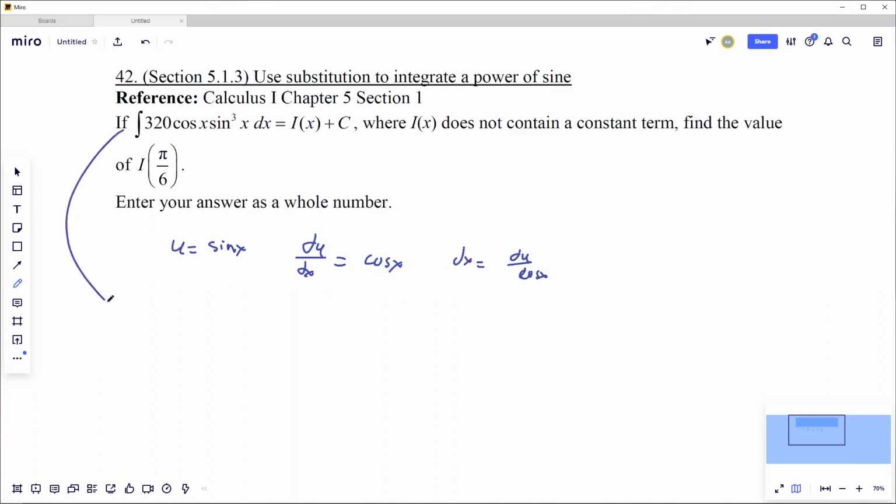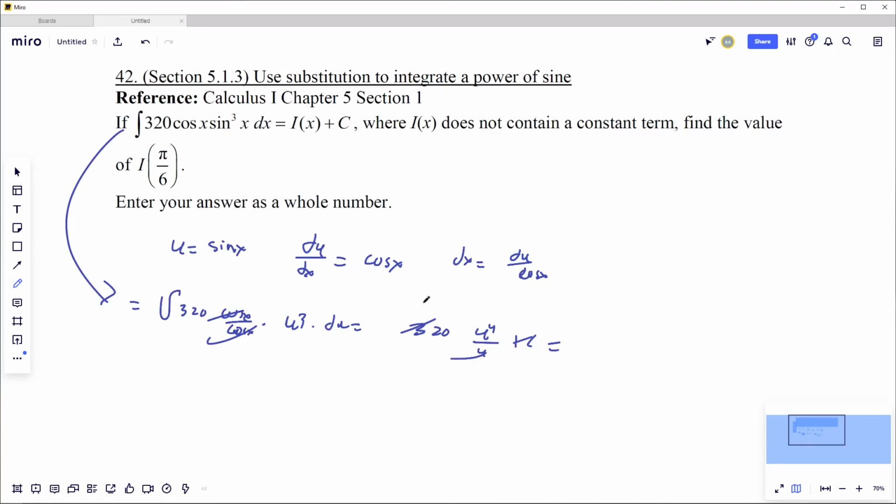And if you go back to the equation, you have integral of 32 cosine x over cosine x times sine. We said sine of x is u, so u cubic times du. This and this cancel, so you are left with 3 on 20. Integral of u cubic is u to the power 4 over 4 plus c. 4 and 3 to 0 cancel.